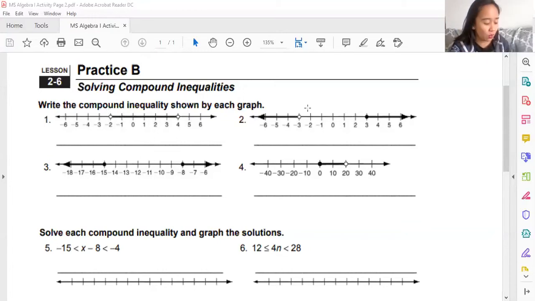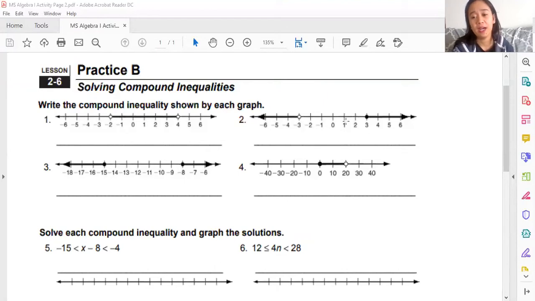For number 2, remember if the arrows are facing opposite directions, to the left and to the right, you must do the "or." Now, take note when you do the "or," check if the point is open or shaded. A hollow point or a shaded point differs when you write it in symbols. So for example, this one should be less than only, okay? So x is less than, look at the number.